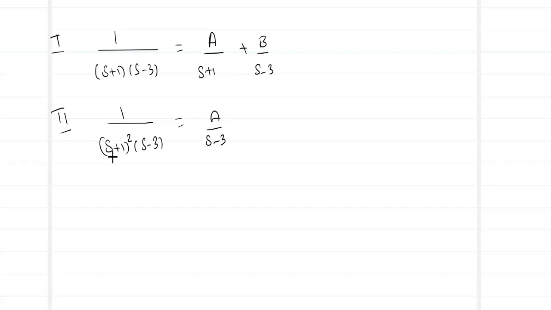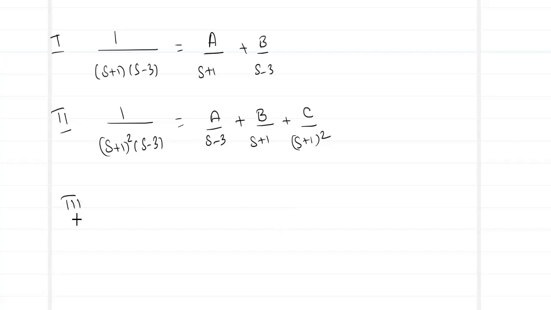But s plus 1 repeats itself 2 times, in which case you give one constant B for your s plus 1 and one more constant C for your s plus 1 the whole square. So whenever we have repeated factors, give one constant for each of the repeating factors. This is our type 2.